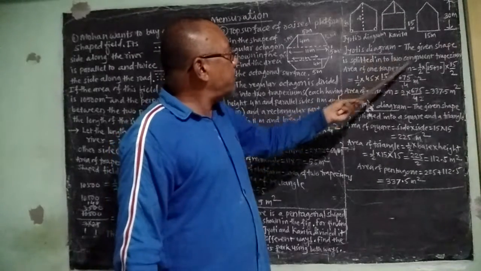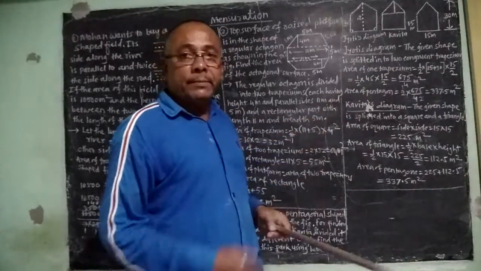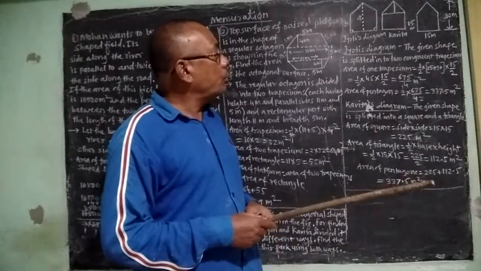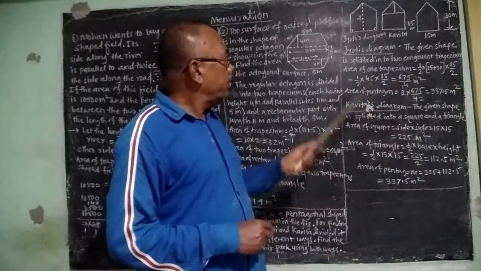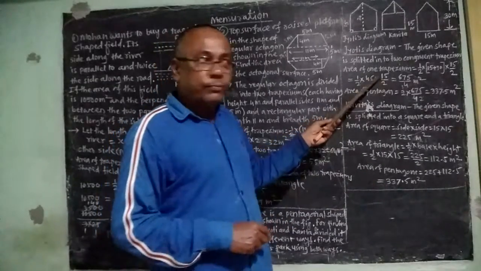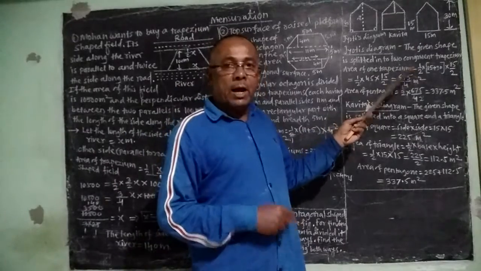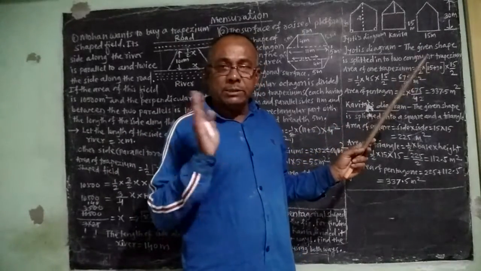The given shape is split into two congruent trapeziums, and therefore area of one trapezium is equal to 1/2 into sum of the parallel sides into height.